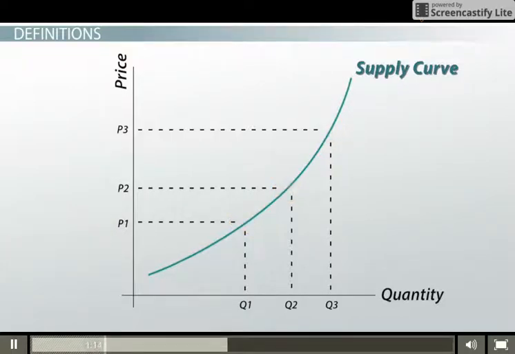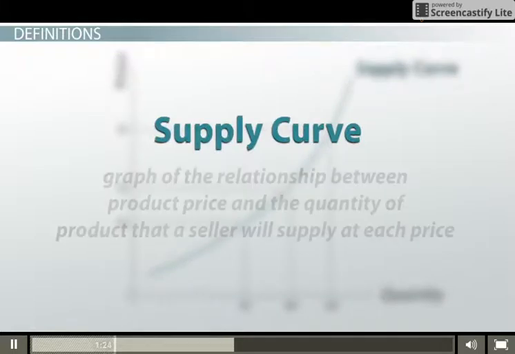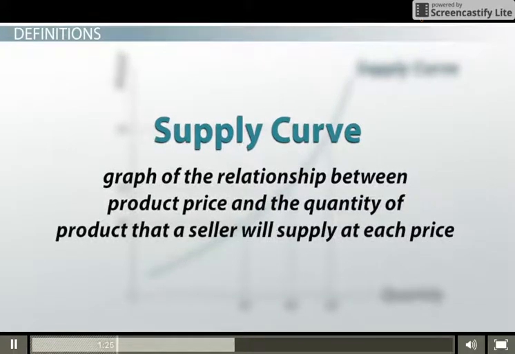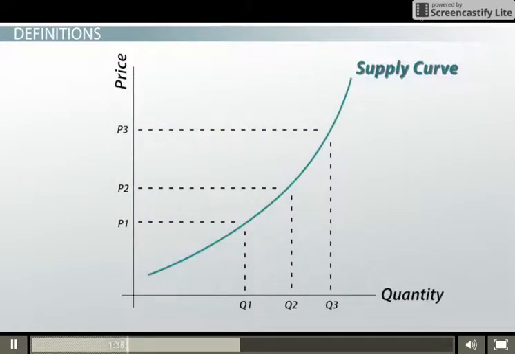In economics, one of the most fundamental ways we study the effects of supply and the goods we like to purchase is by analyzing a supply curve. A supply curve is a graph of the relationship between product price and the quantity of a product that a seller is willing and able to supply at that price. It's simply a line that's created by plotting all the possible quantities of a product that a seller or producer is willing to offer at different price points.